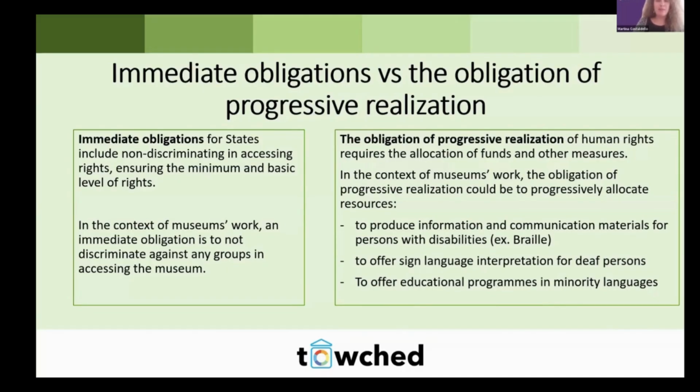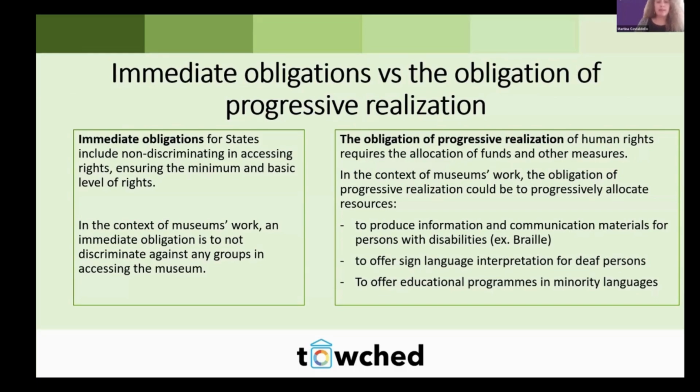So this is really a basic principle in international human rights law, the principle of equality and non-discrimination. So no one should be discriminated in the enjoyment of their human rights. And so states don't really need any particular resources to not discriminate. But also they don't need particular resources to just ensure a minimum and basic level of enjoyment of human rights.